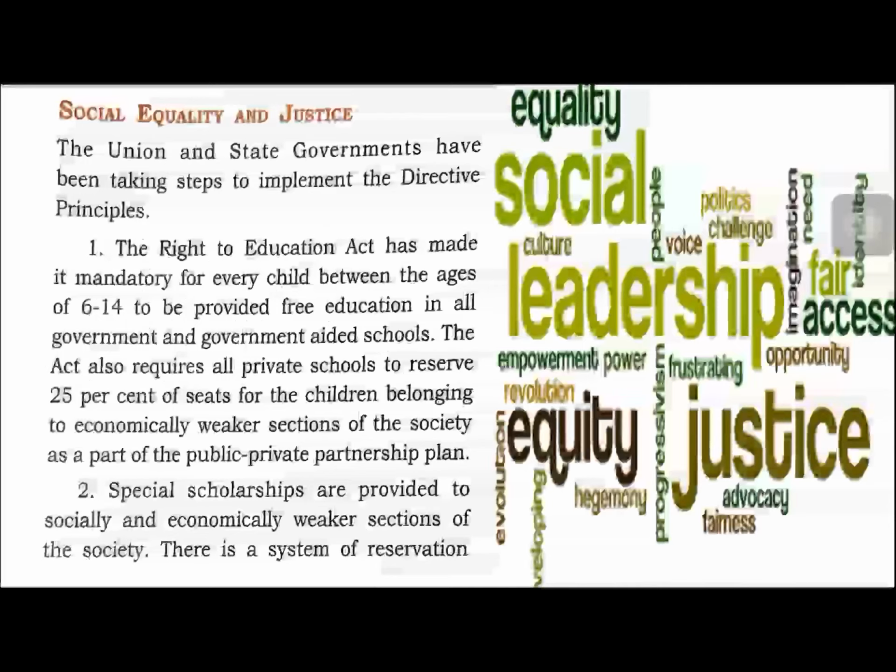So not only the government aided and government schools have to give free and compulsory education to children between the age of 6 to 14, but private schools also have to maintain 25% of the seats for people belonging to weaker sections of society. The second point is that special scholarships are provided to children from socially or economically weaker sections.